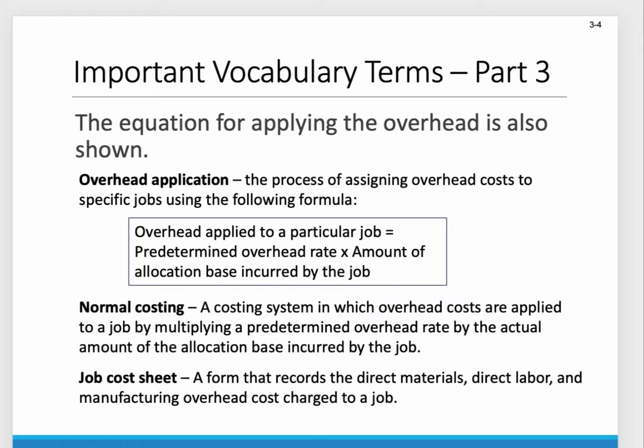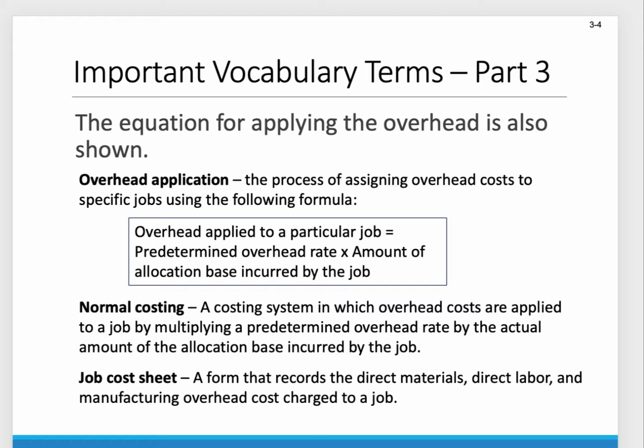We talked about overhead a little bit in the sense that what we're doing with that manufacturing overhead is assigning that overhead cost to those jobs, right? And we know how to assign overhead.